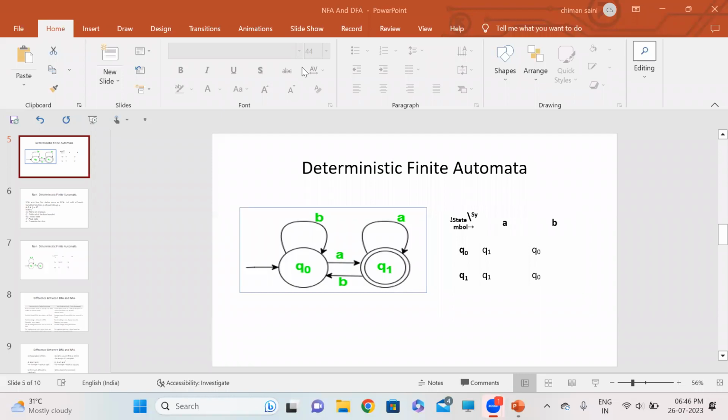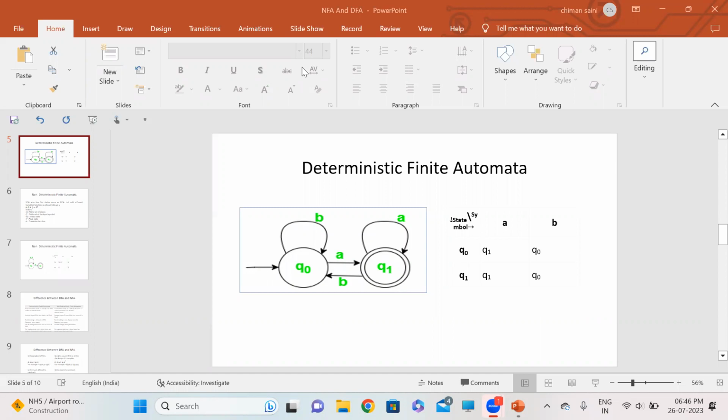Okay, so we call it deterministic finite automata because we can determine the transition. Means at any state, say an initial state Q0, after applying a single input symbol, we move to a single state. For example, at state Q0, when we apply the input A, we move to the state Q1.